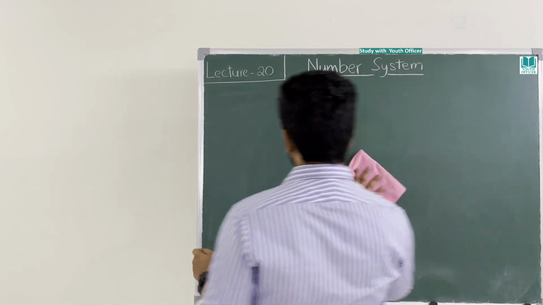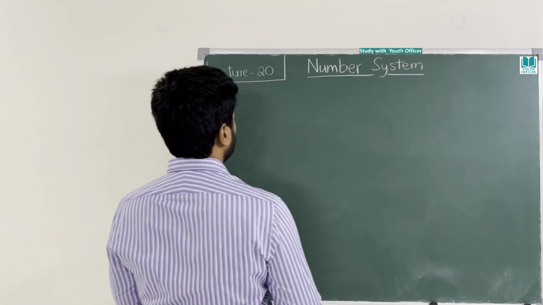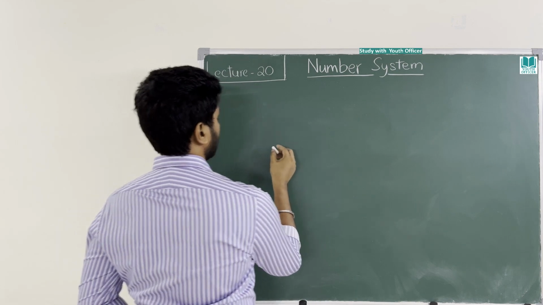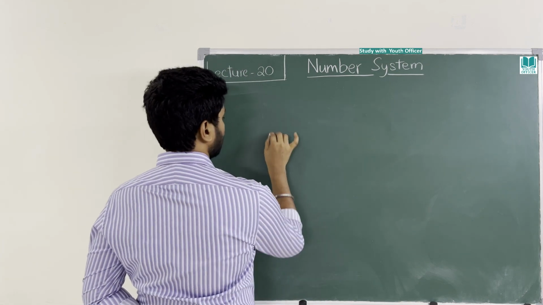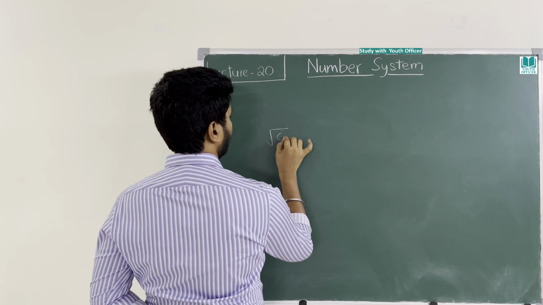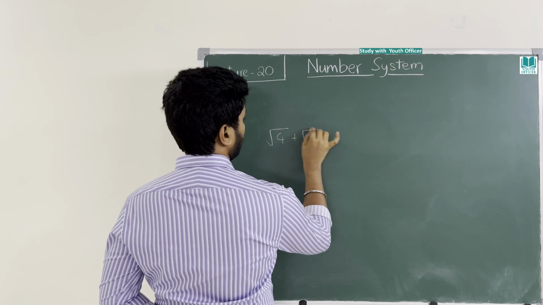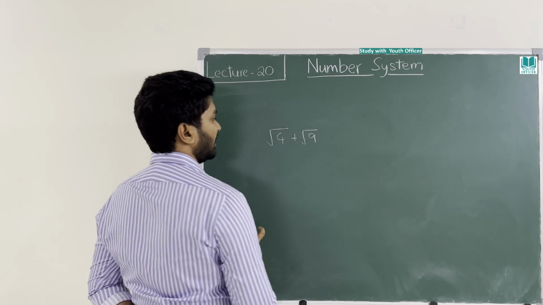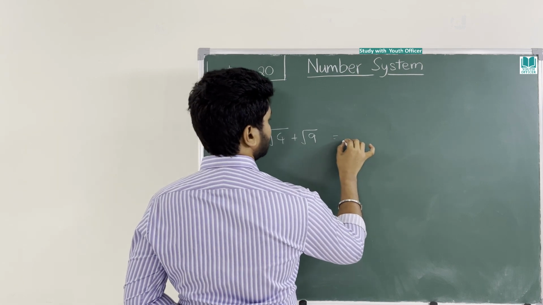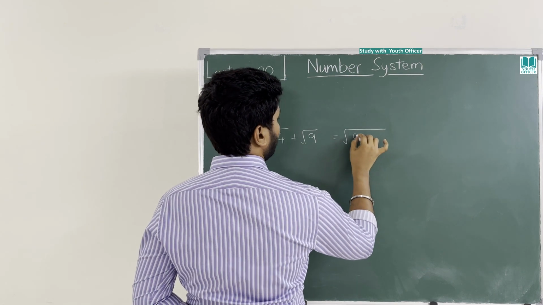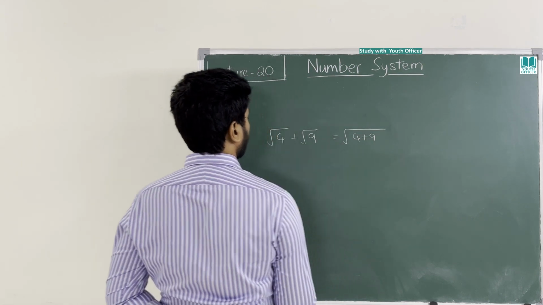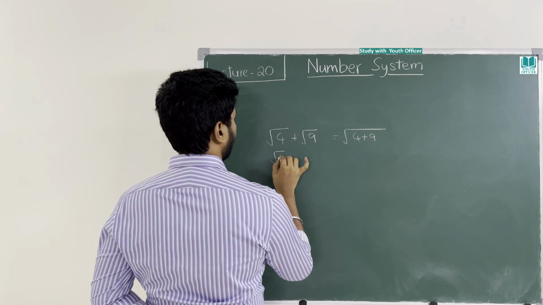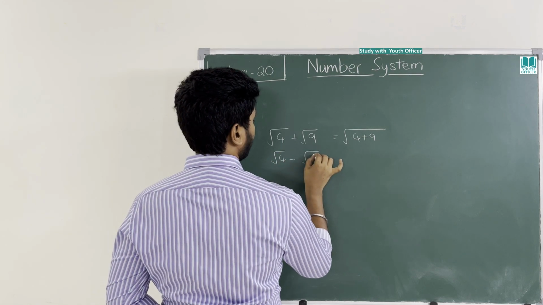I will teach you some properties. What are those properties? Square root of 4 plus square root of 9. Can it be written as square root of 4 plus 9? Square root of 4 minus square root of 9.